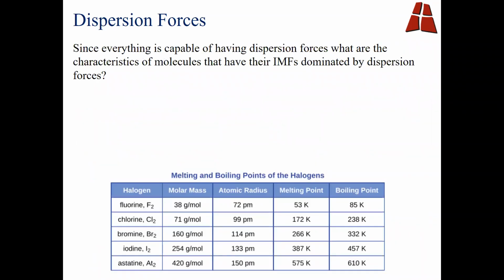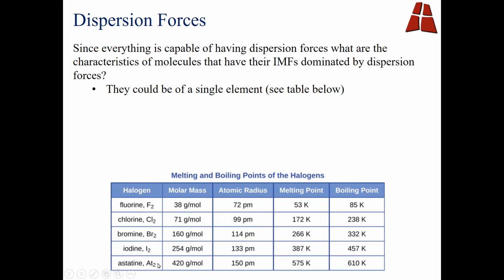Okay. So what are the characteristics of molecules that have their intermolecular forces dominated by dispersion forces? Well, they tend to be of a single element. The examples we have here are from column 17 of our periodic table, where we have fluorine, chlorine, bromine, iodine, and astatine.